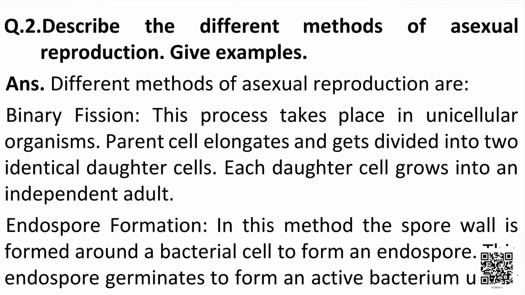Then B. Endospore formation. In this method, a spore wall is formed around a bacterial cell to form an endospore. This endospore germinates to form an active bacterium under favorable conditions. C. Fragmentation. In this process, the body of the organism breaks up into two parts. Then each part grows into a new filament, thus forming two organisms from a single one.